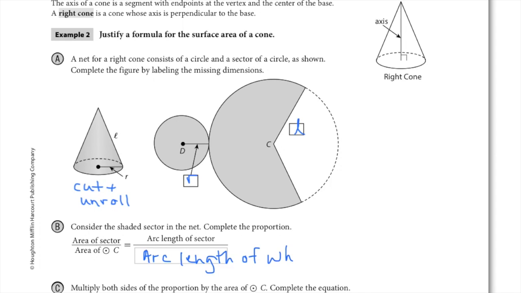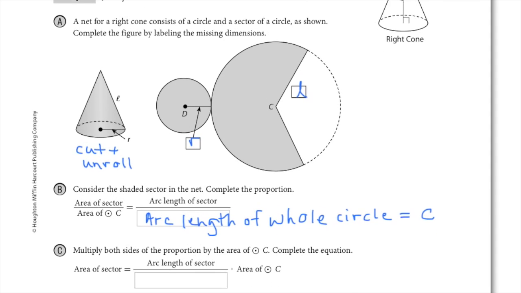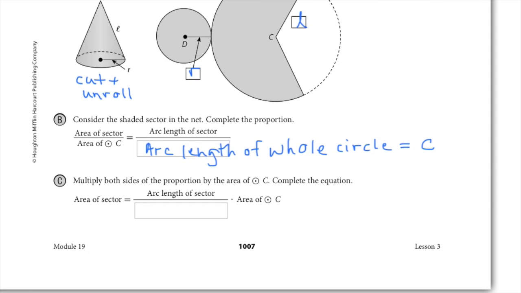And that's the entire circle, because notice in the proportion, the sector over the circle, the sector over the circle. So we can put in a formula for the circumference. So we have in the denominator the arc length of the whole entire circle, which is the same thing as the circumference of circle C.